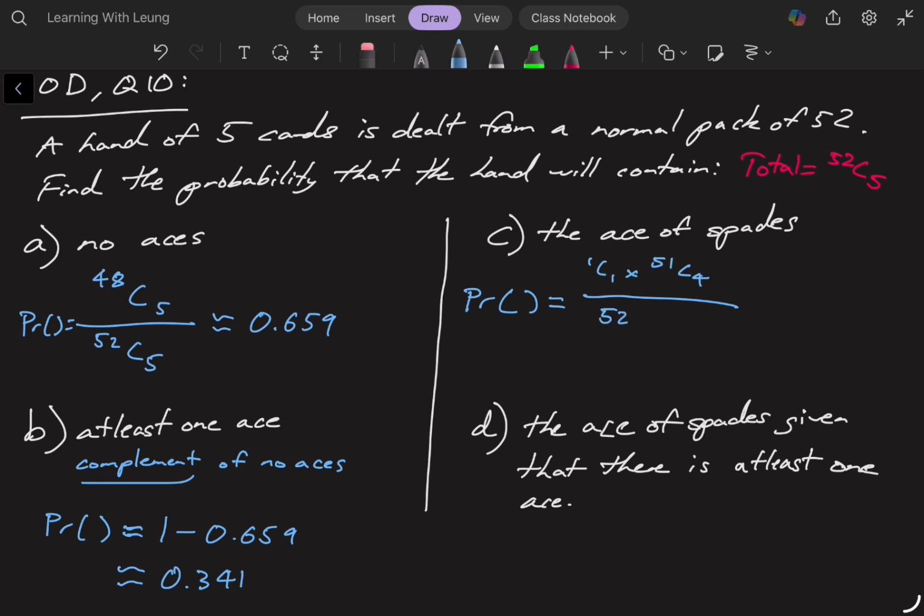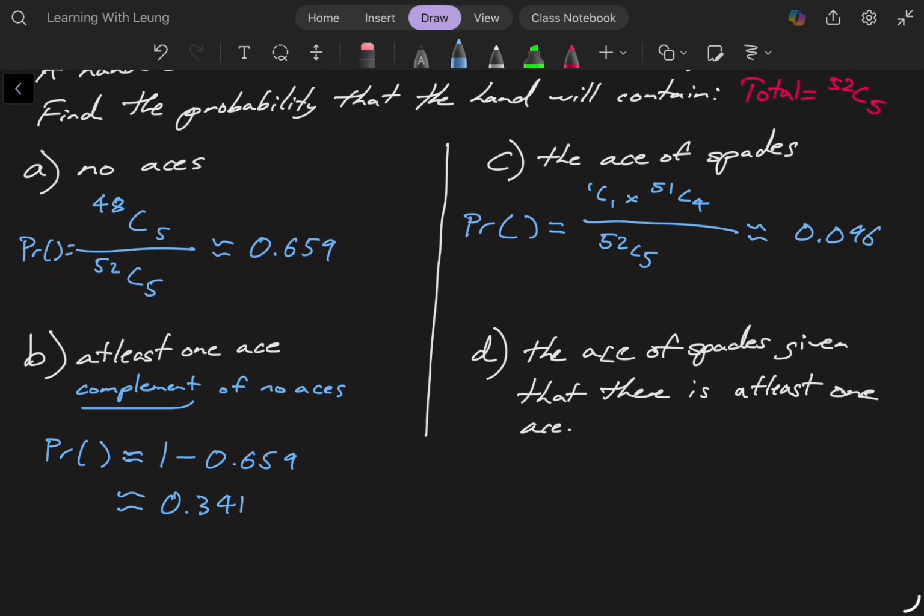And then I need to divide the whole thing by the total, 52C5, which is approximately 0.096. Now that is a lot smaller, right? Not crazily small, but considering the ace of spades is only one card, it's definitely significantly smaller than some other things.